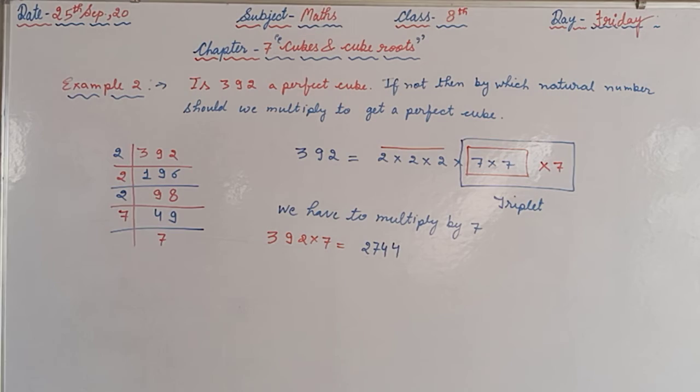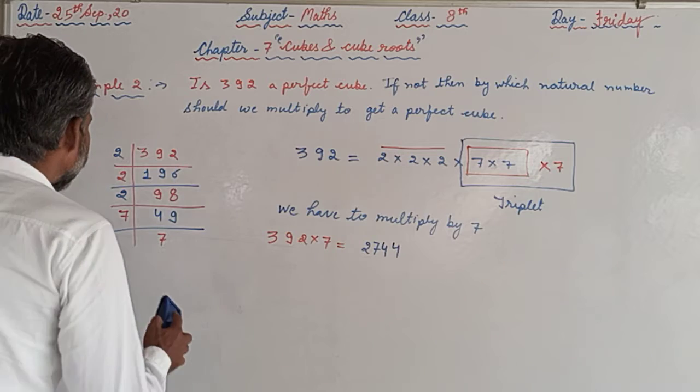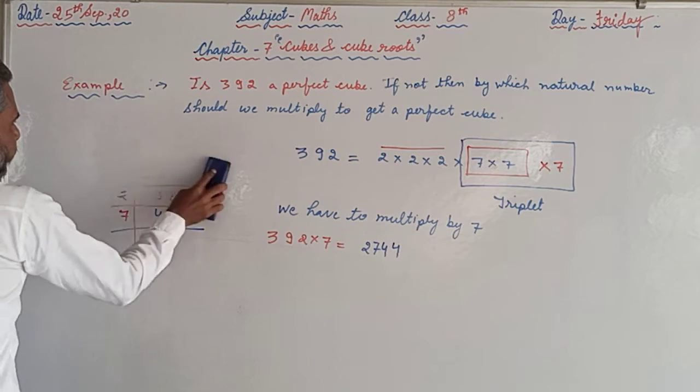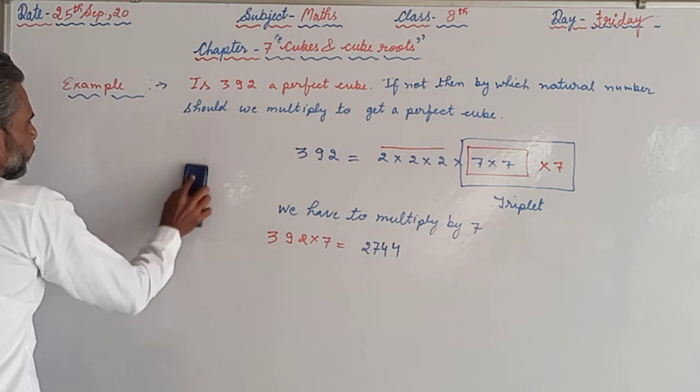So we will take one more example, that is example number 3, in which a different number is given and we have to find by which number we have to divide.